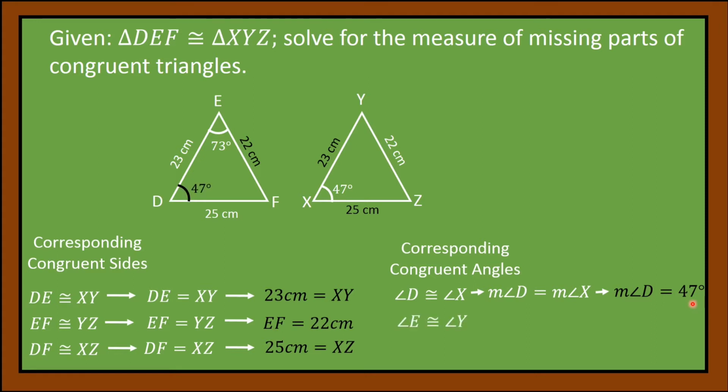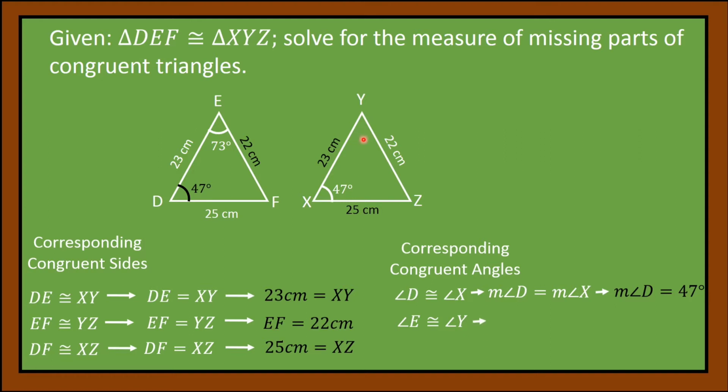Okay, next, angle E is congruent to angle Y. Ito yung ating angle E sa ating figure at angle Y. We are going to look for the measure of angle Y.